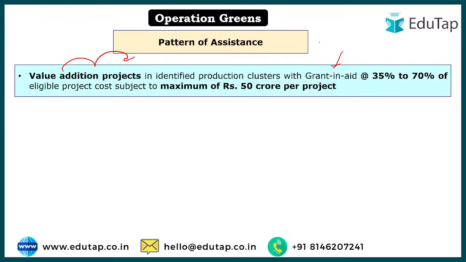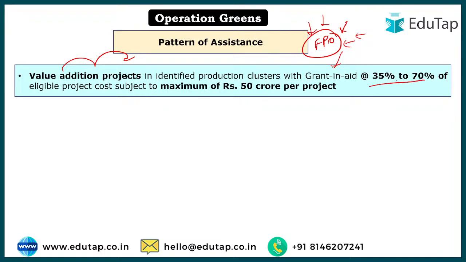For example, if there is an FPO, an FPO consists of many members, it is a farmer producer organization, so of course this organization has n number of farmers, right? So it will depend on the FPO's current condition, how many members can contribute to the project cost, and also what the total value of the project cost is. On this factor the range has been set.